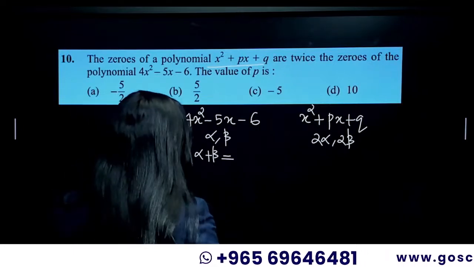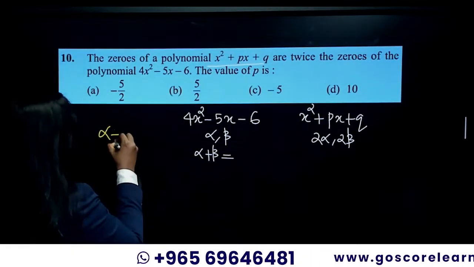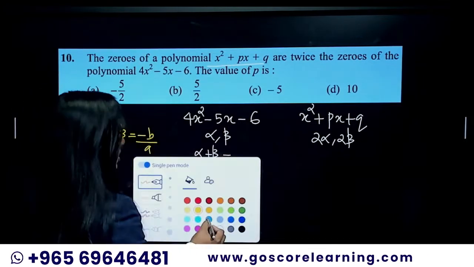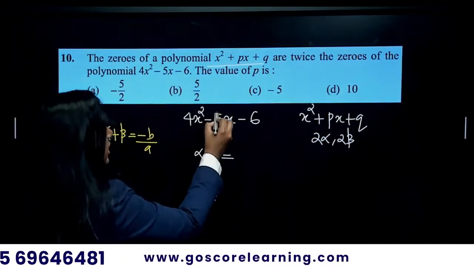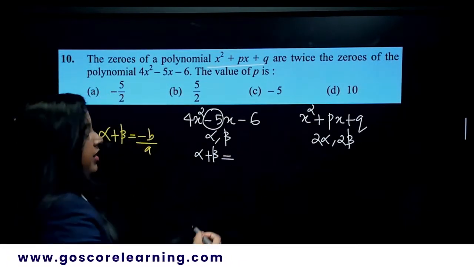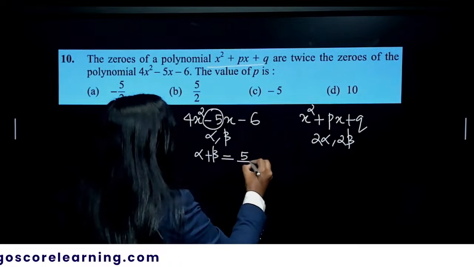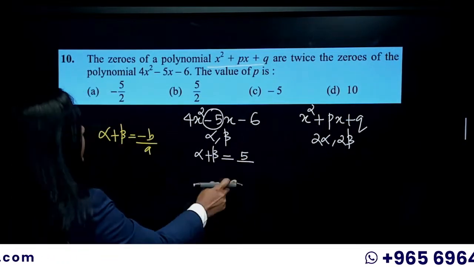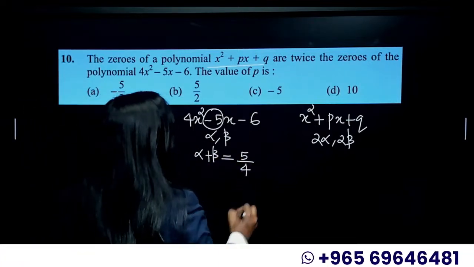You guys know the relation, right? I explained what b and a are. So minus of minus 5, which is positive 5, divided by a, which is 4, so 5 by 4.